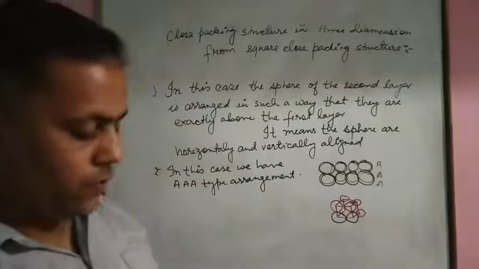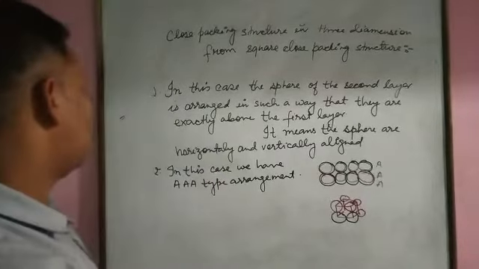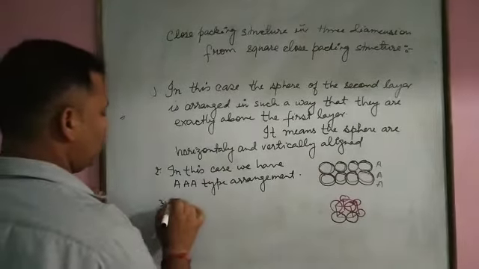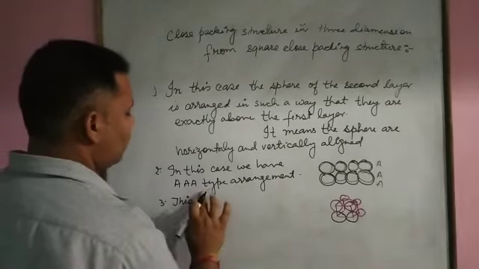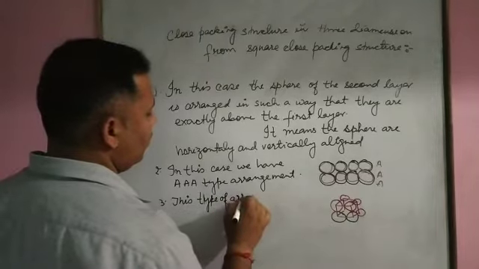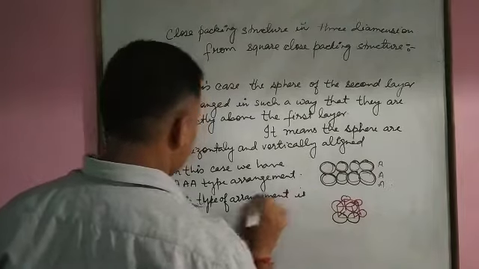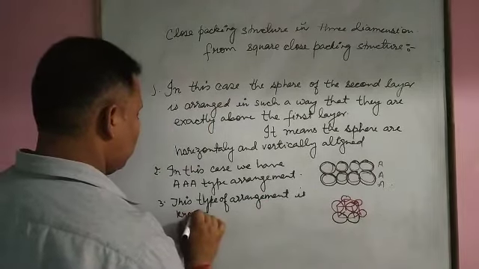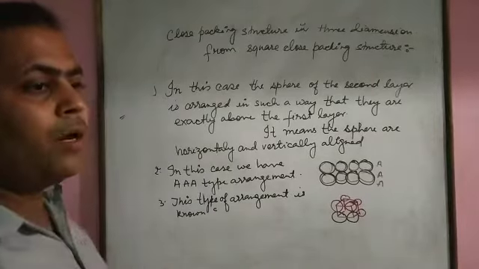What we got is a simple cubic lattice. It means this type of arrangement is known as simple cubic lattice.